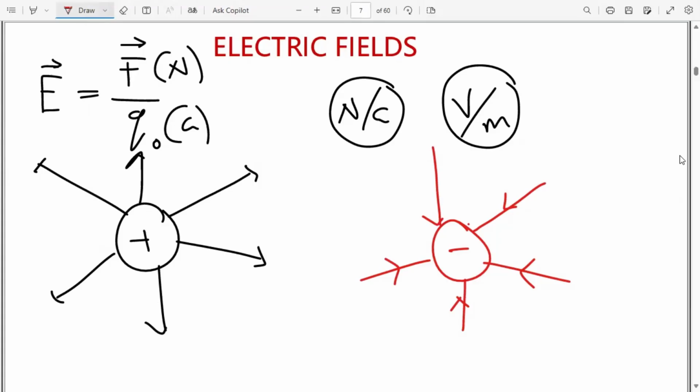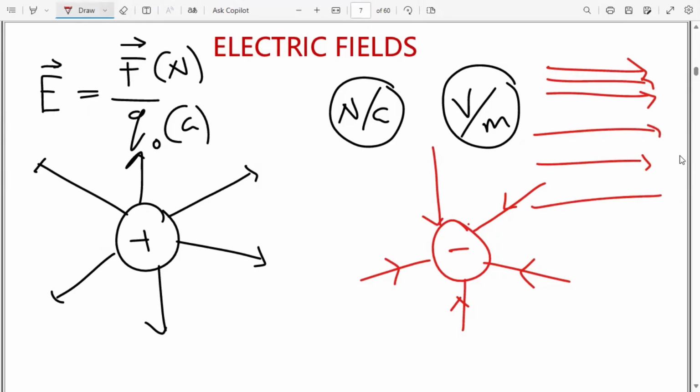The arrows point the way a positive charge would move, and they never cross each other. The density of the lines also represents the strength of the electric field at a certain point, which means when the density is higher, with a lot of lines closer to each other, there is a lot of electric field, compared to when you have sparsely drawn lines.